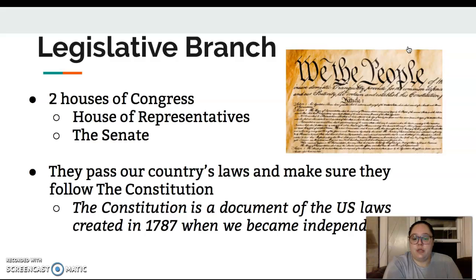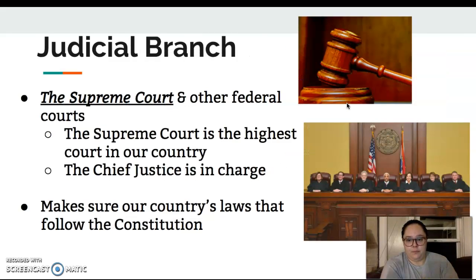The Constitution is a document, and this is a picture of it. It was created in 1787 when we left English power and we became our own country. We became free of the British, and then we had to make our own set of rules because we were an independent nation. So the Constitution is that document.